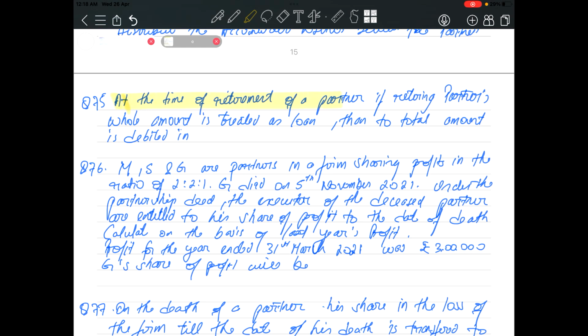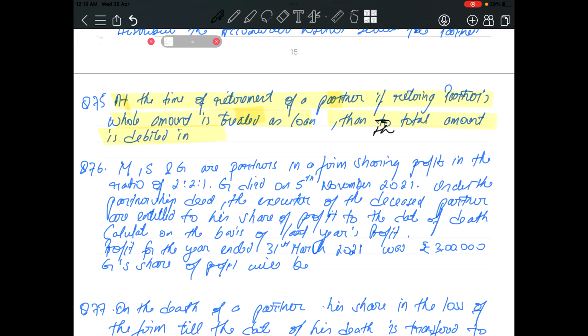At the time of retirement of a partner, if the retiring partner's whole amount is treated as loan, then the total amount is debited in which account?